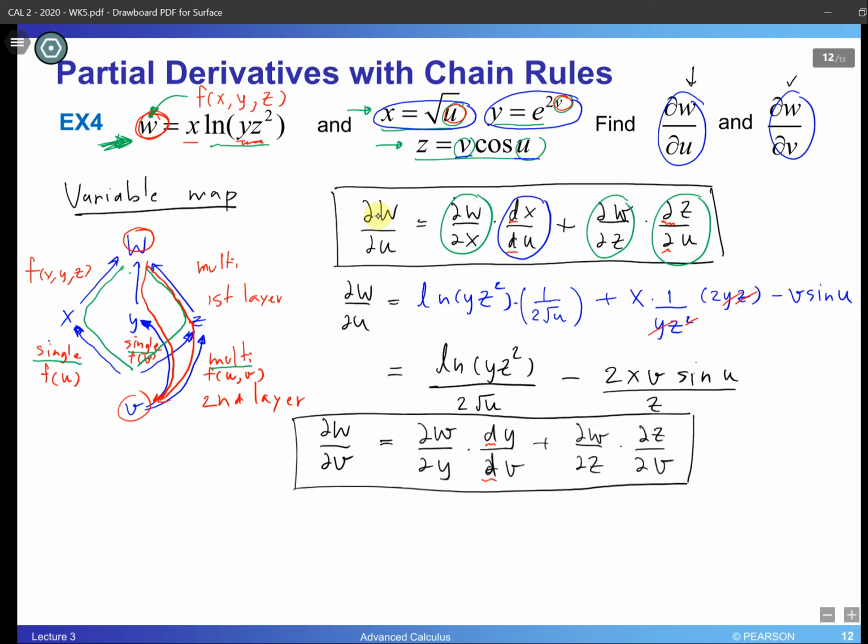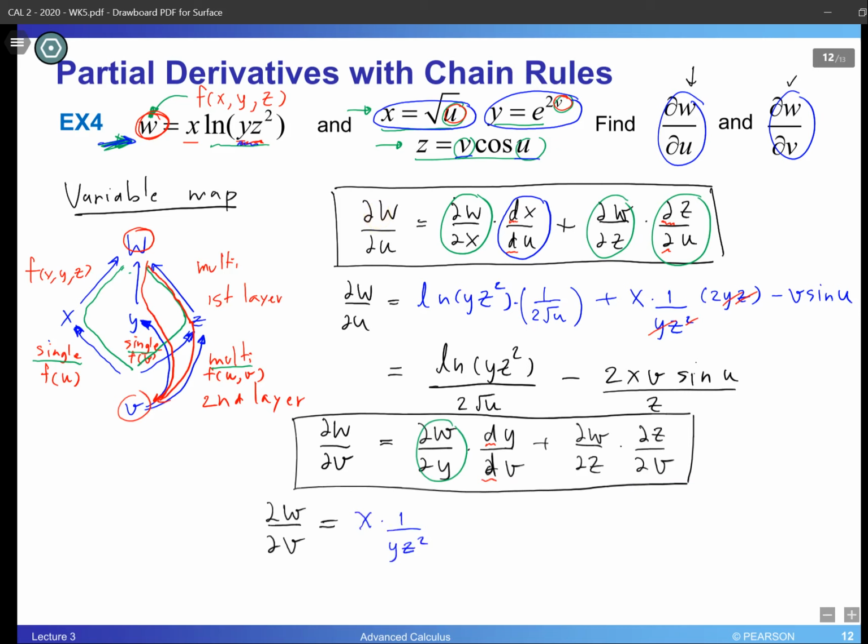So this one is going to be equal to dw with respect to v equal to, first term, diff w with respect to y, so we are supposed to diff this with respect to y. So I'm going to keep x as constant in the front, and then I diff ln, so I get 1 over yz squared. And then I need to perform chain rule.